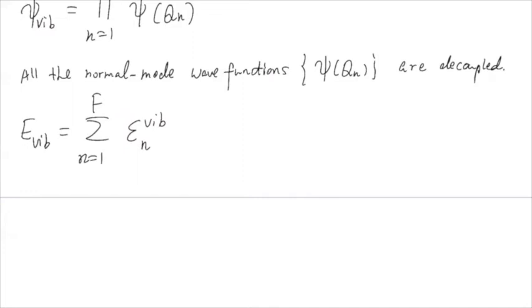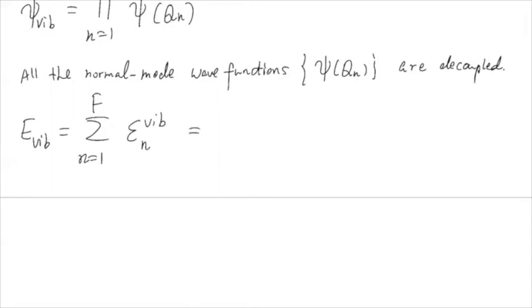The whole vibrational equation can be separated into 3N-6 or 3N-5 independent vibrational eigenequations, right? In each eigenequation, you have an eigenvalue, epsilon n, for normal mode n. The total vibrational energy is simply the summation of all the vibrational energy, right?